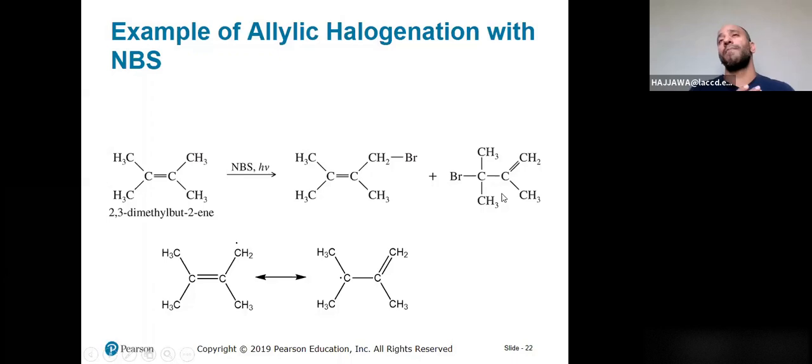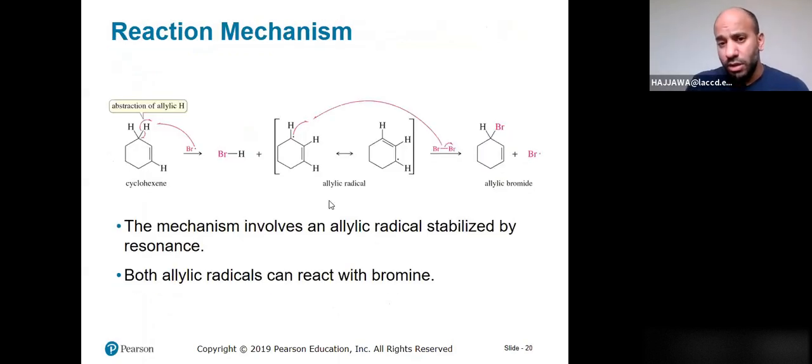Every single time you have a radical halogenation and you end up using an allylic carbon in the structure to be halogenated, you always have to consider the resonance form. If it's different, then you're going to end up having a different structure. Like in this case, these two are exactly the same.